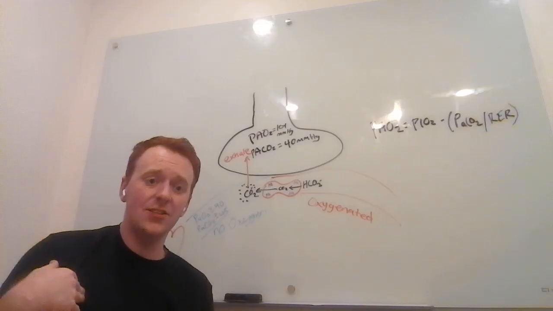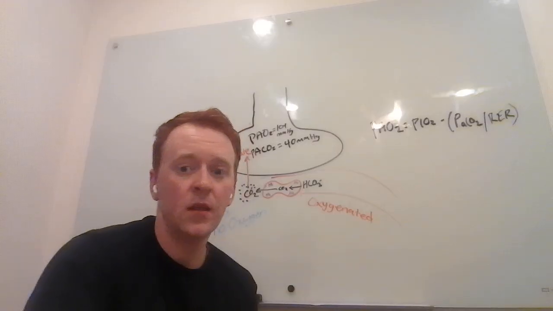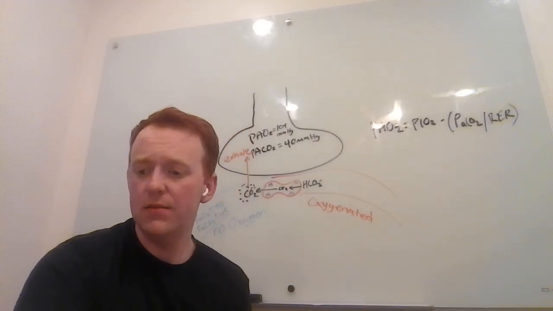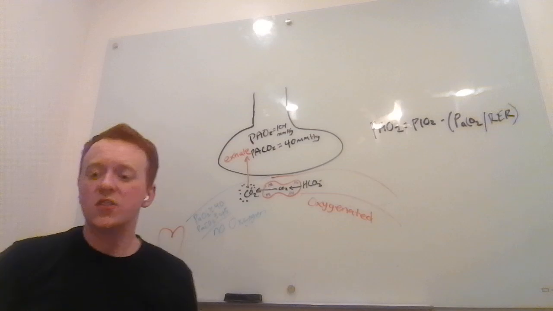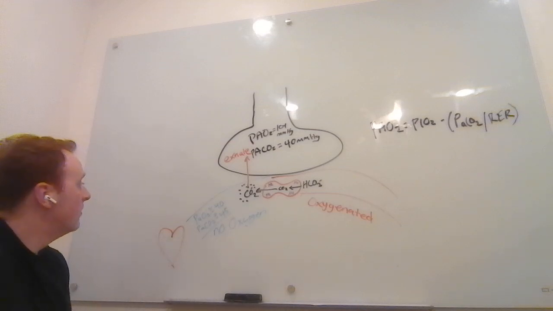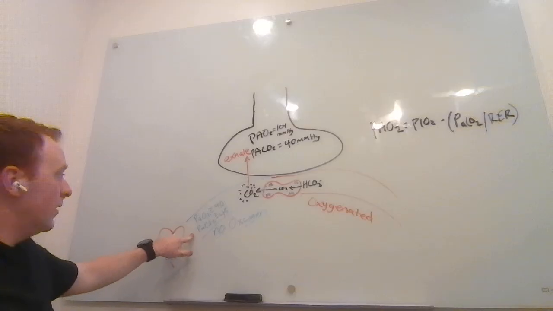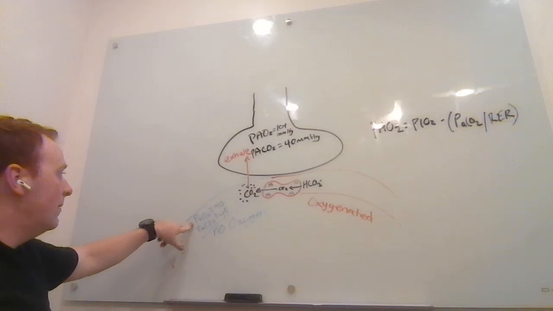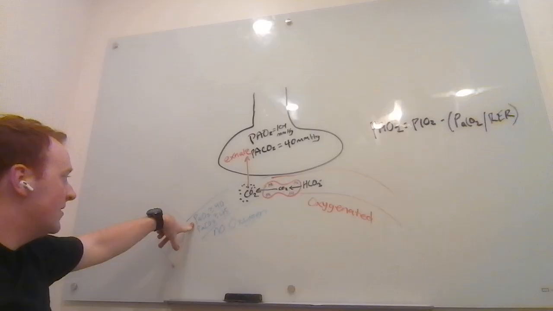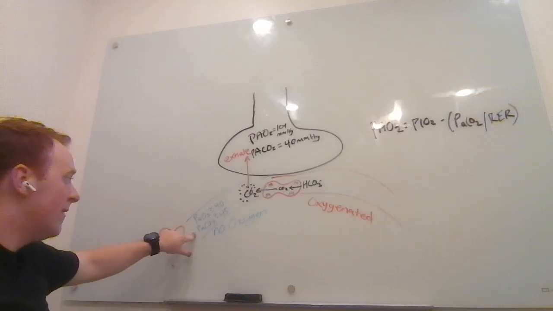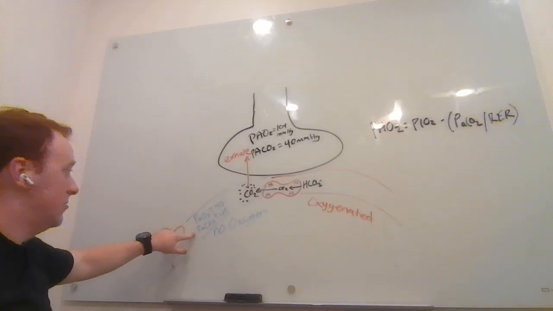So you breathe in oxygen, you breathe out CO2. And I feel like I'm missing something here. Oh, so I forgot about this part. The heart is sending blood with about 40 millimeters of mercury of oxygen and 45 millimeters of mercury of CO2.